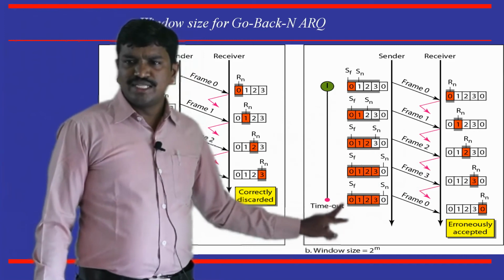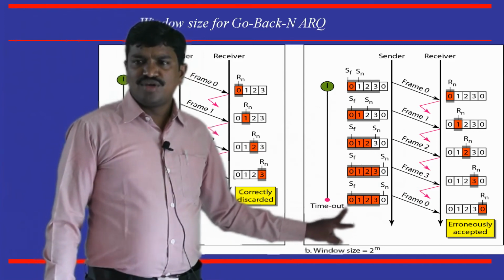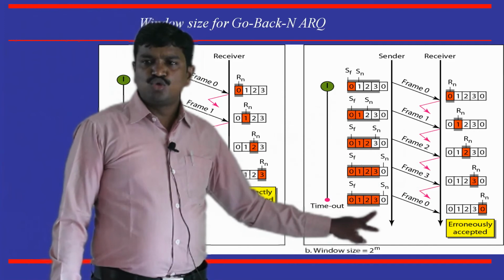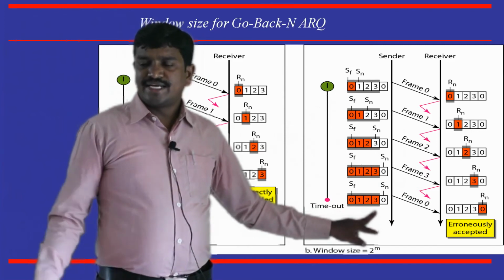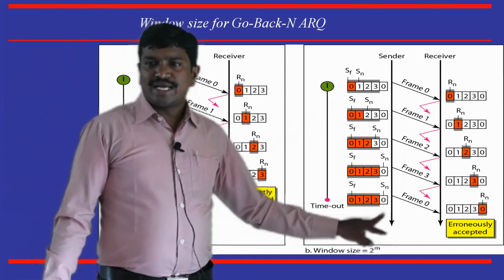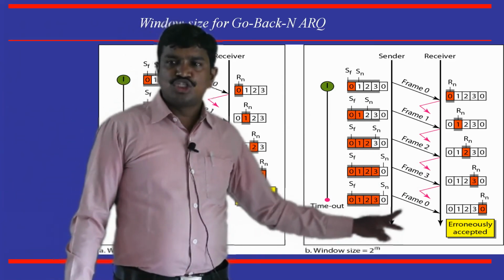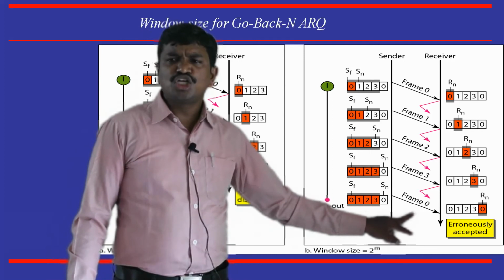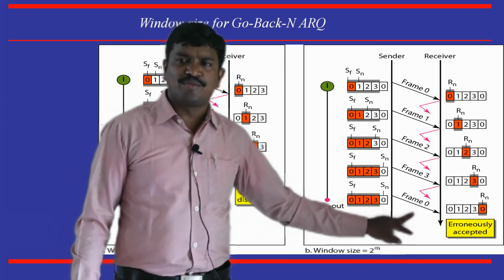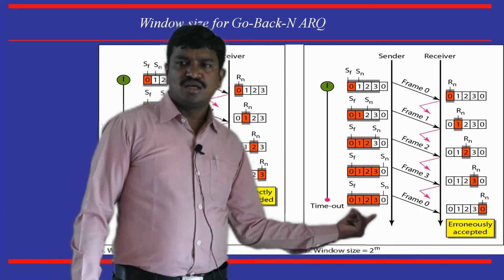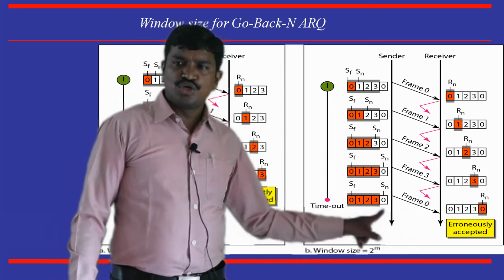Now if you observe in this case, how many frames have we sent? Up to 3 we have sent, and the receiver is expecting the 0th frame. But as per our logic, we are not supposed to send the 0th frame, because the size is 4, so only 0 to 3 are allowed.